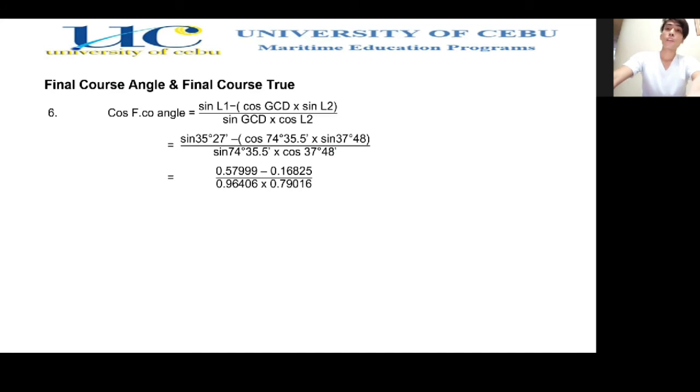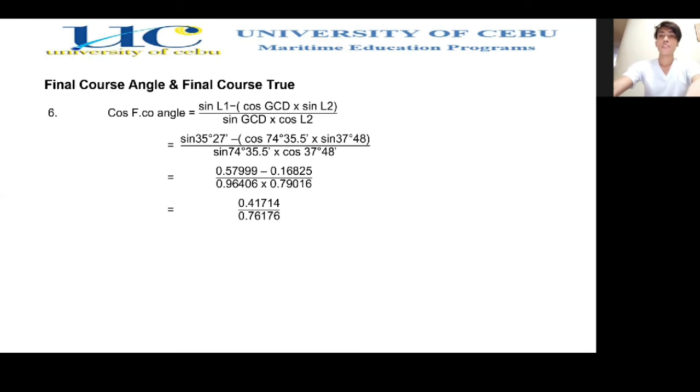After calculating the operation, we get the answer, which is 0.57999 minus 0.16825 divided by 0.96406 times 0.79016.